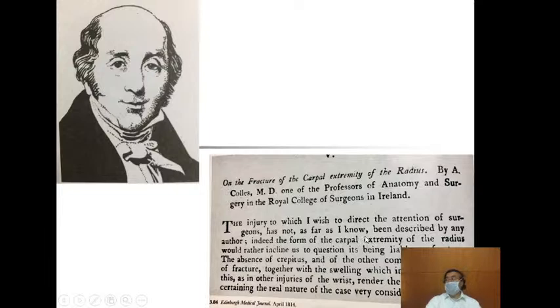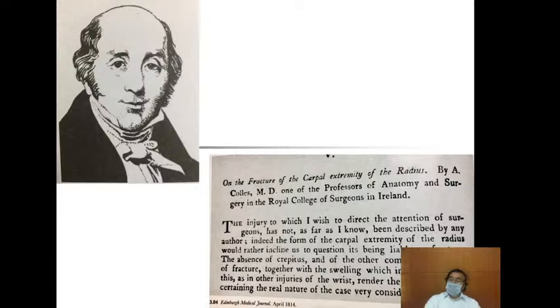Mind you, X-rays were not available at that time. X-rays were not invented till some more decades. But he was a genius and a pioneer in that he could describe all the deformities, all the angulations, all the displacements which occur in a Colles fracture, and that's why he is great.